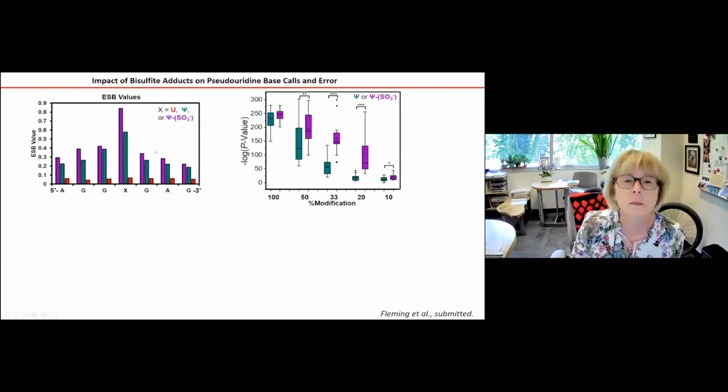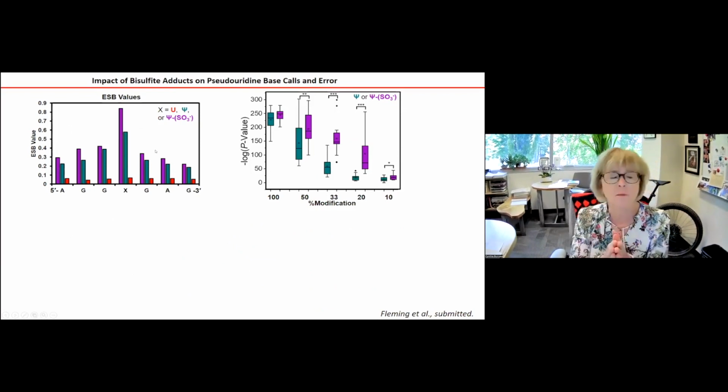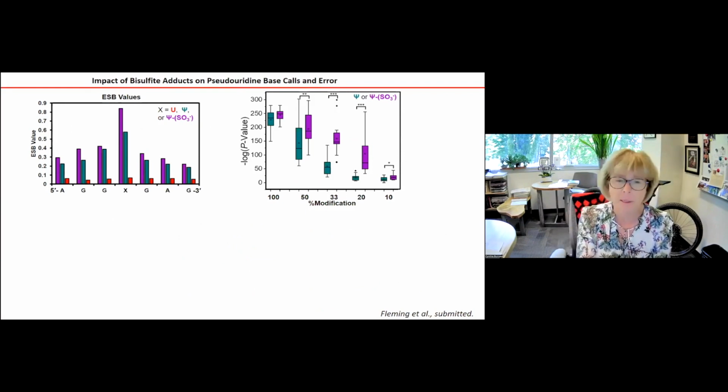And so we looked at whether or not we could make these bisulfite adducts on pseudouridine and then pass the adducts through the nanopore. We would expect, this is now so different from U and so different from C, we should get a big change in base calling error, and we do.